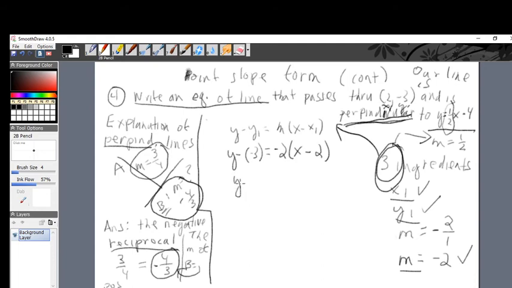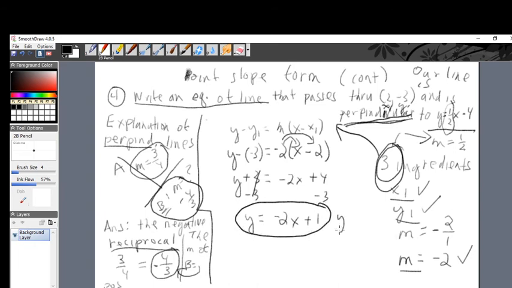That means we have y plus 3 equals -2x, -2 times -2, which is +4, and then -3 on left, -3 on right. y is equal to -2x plus 1. Here it is, y equals mx plus b form.